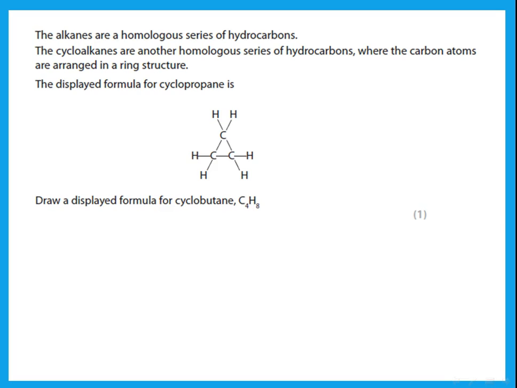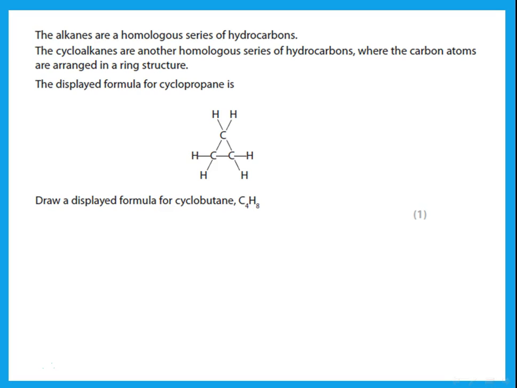So this question says the alkanes are a homologous series of hydrocarbons. The cycloalkanes are another homologous series. So this is a kind of alkane, but it is cyclic, in the form of a cycle or a ring structure. So he drew the displayed formula for cyclopropane. So how would you draw the displayed formula for cyclobutane?